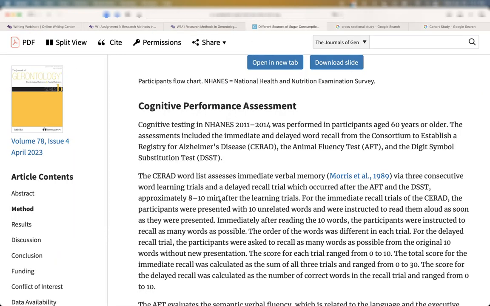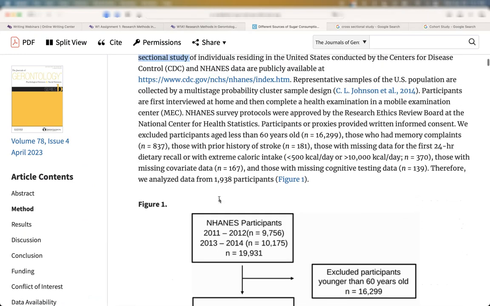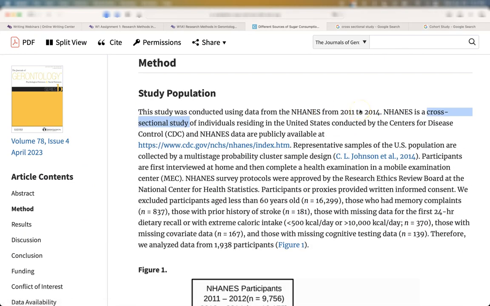Well, we can see here that they used secondary data. Again, that's data that was collected by someone else, by the Centers for Disease Control. It's publicly accessible, and that's how they collected it. So that's how we know what the data is before we start narrowing down, I think.